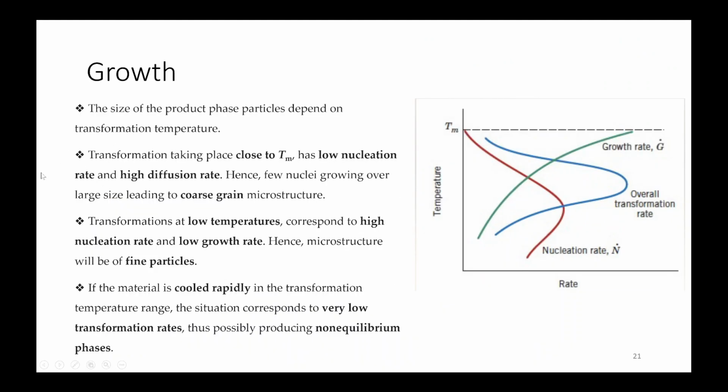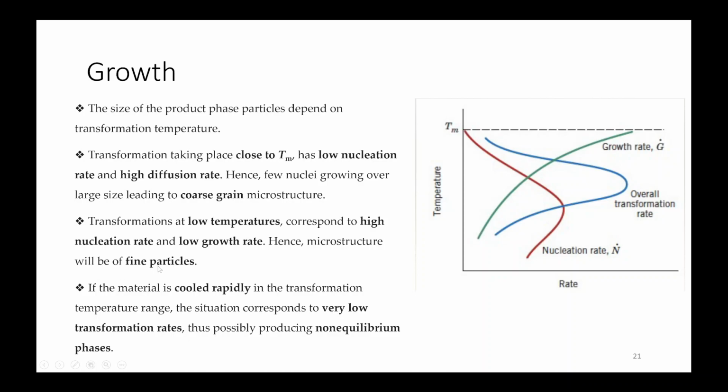Now transformation taking place close to Tm has low nucleation rate but higher diffusion rate. Hence few nuclei will grow to a large size, leading to a coarse grain microstructure. And your transformation at low temperatures will correspond to high nucleation rate because critical size will be reduced, and the low growth rate, because growth is diffusion based.